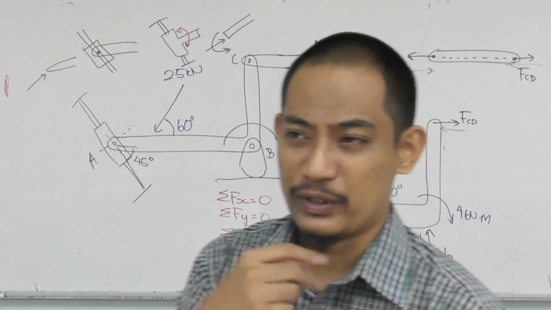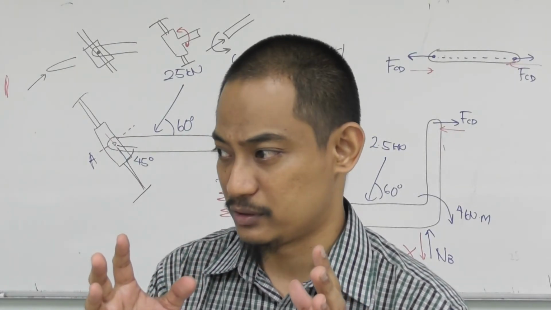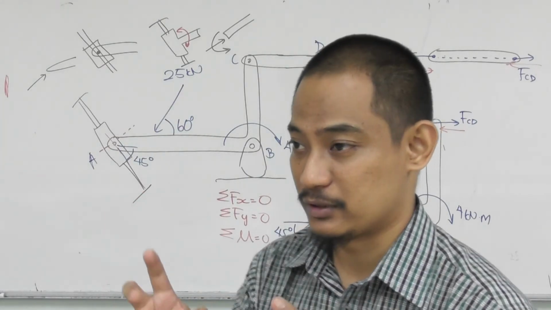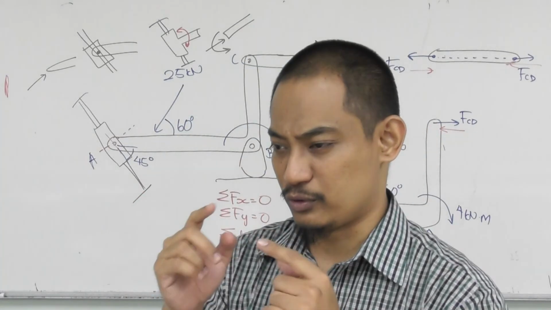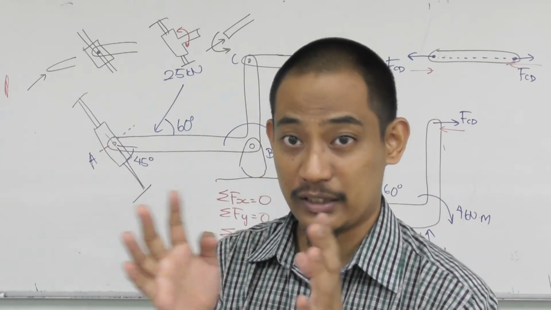Secondly, we cannot even know whether your equation is correct or not, right? Because when you do summation of Fx, summation of Fy, or summation of moment, we should know whether the force is positive or negative in terms of direction.